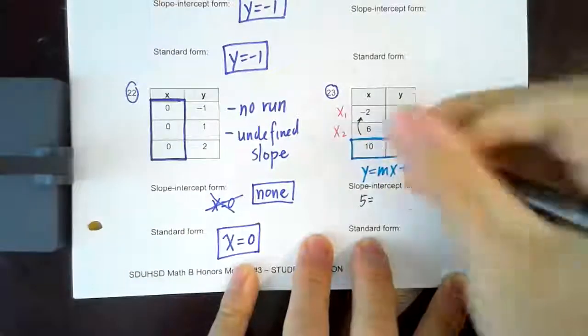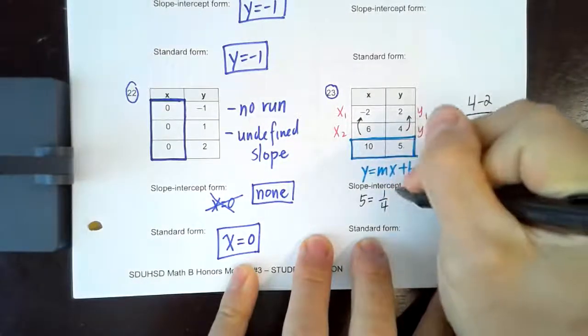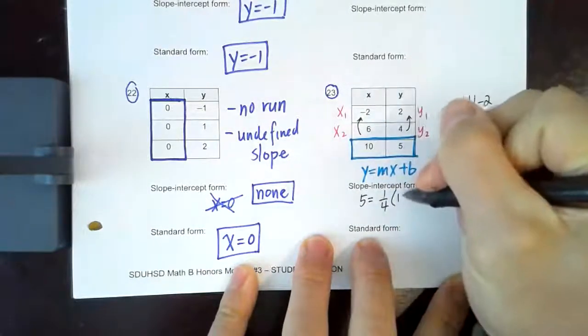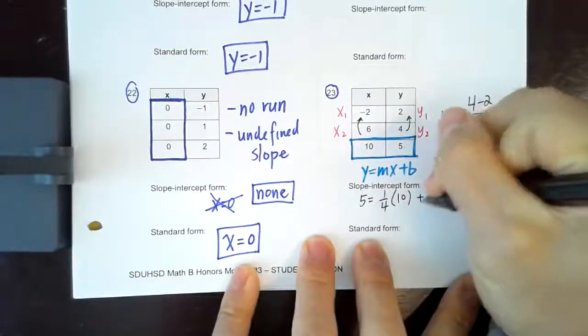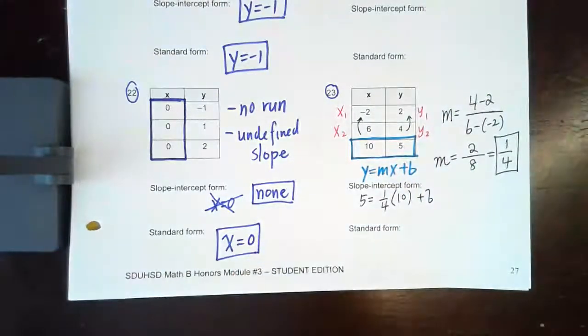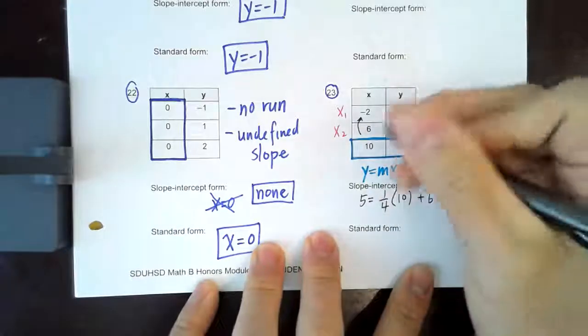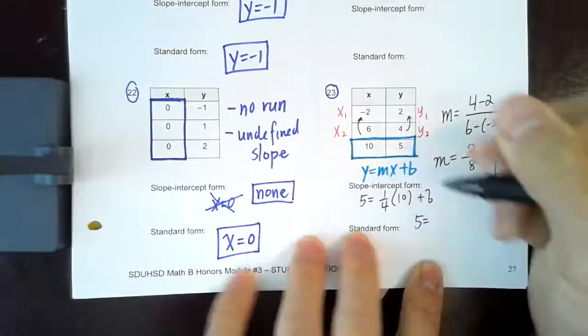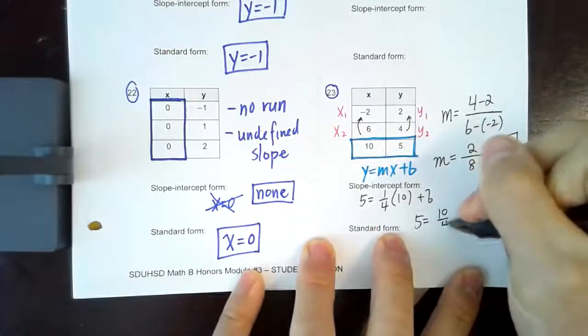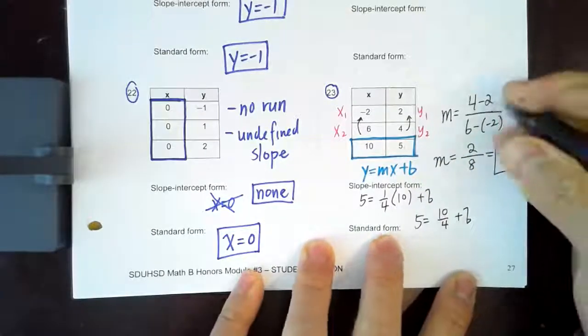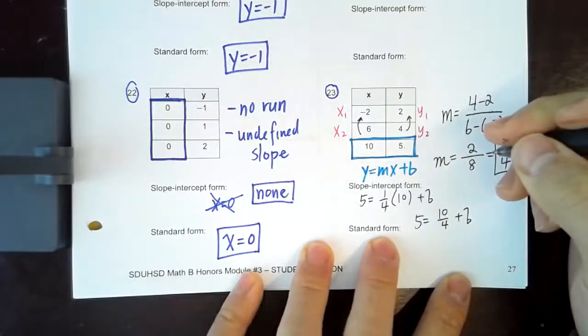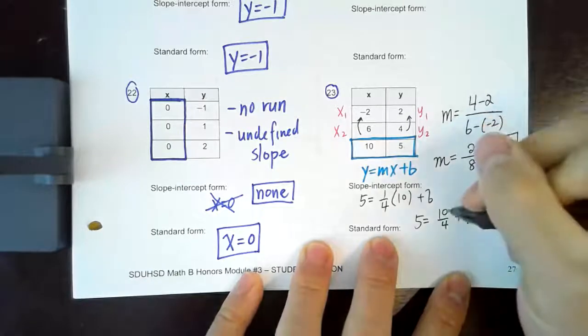So here we go. 5 is my y. m is 1/4. x is 10. And the b value is unknown. So now I'm going to write this as 5 is equal to 10/4 plus b.